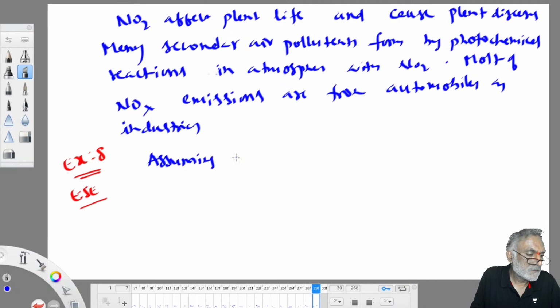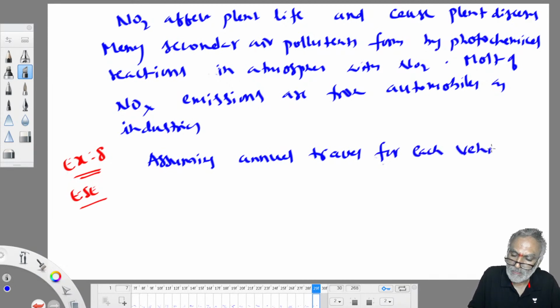Assuming annual travel for each vehicle to be 20,000 kilometers.